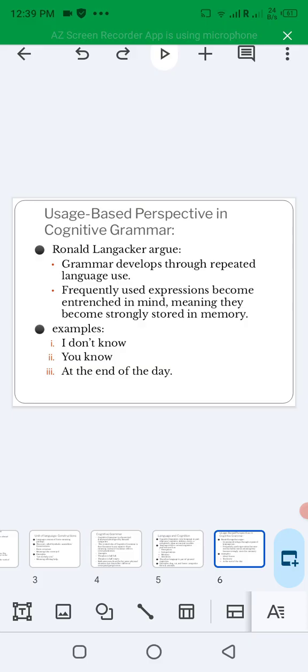Over time, repeated expressions become fixed constructions. For example, common phrases like "I don't know", "you know", "at the end of the day". These phrases are used so frequently that a speaker often produces them automatically.